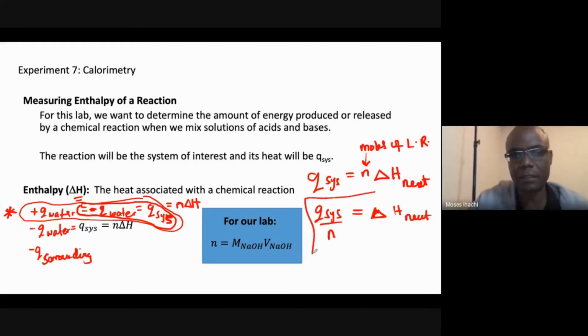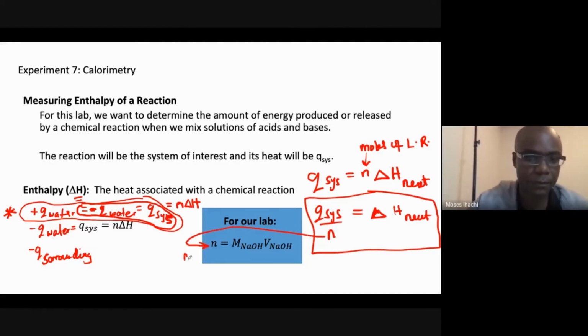That's what we'll need. Now to get the moles, we use this formula. Whenever you're given molarity, the concentration, moles will be equal to molarity times the volume, but the volume must be in liters. So today, your limiting reactant will be sodium hydroxide.